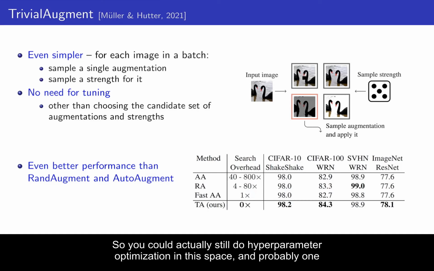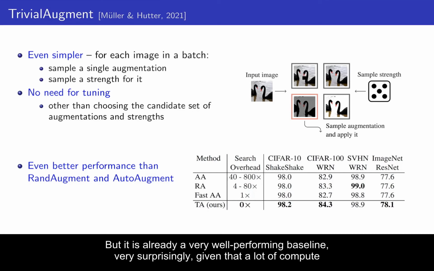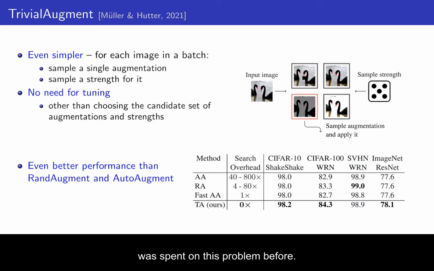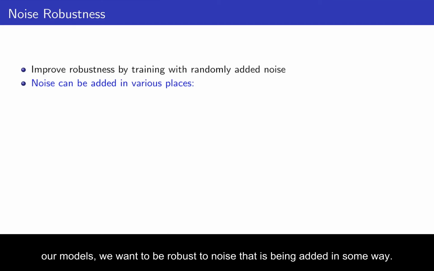So you could still do hyperparameter optimization in this space, and probably one can improve this further. But it is already a very well-performing baseline, very surprisingly so, given that a lot of compute was spent on this problem before. All right, so in a generalization of this, data augmentation is really what we want to achieve in our models: we want to be robust to noise that is being added in some way.